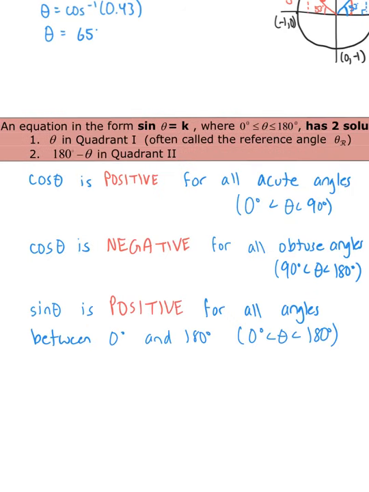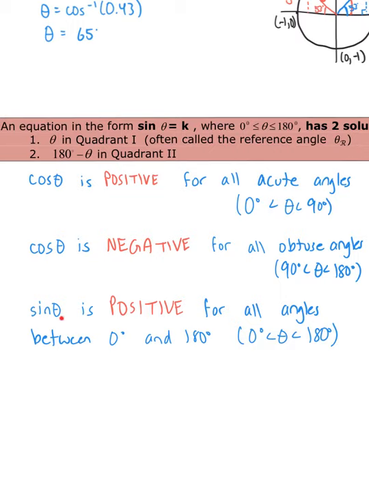So the big takeaways, because these are some new ideas, are that the cos ratio is positive for all acute angles between 0 and 90 degrees. So if you see that the ratio is positive, you know you have an acute angle if it's cos. If the ratio is negative for the cos of an angle, you know that you're talking about an obtuse angle. The angle is between 90 and 180 degrees.